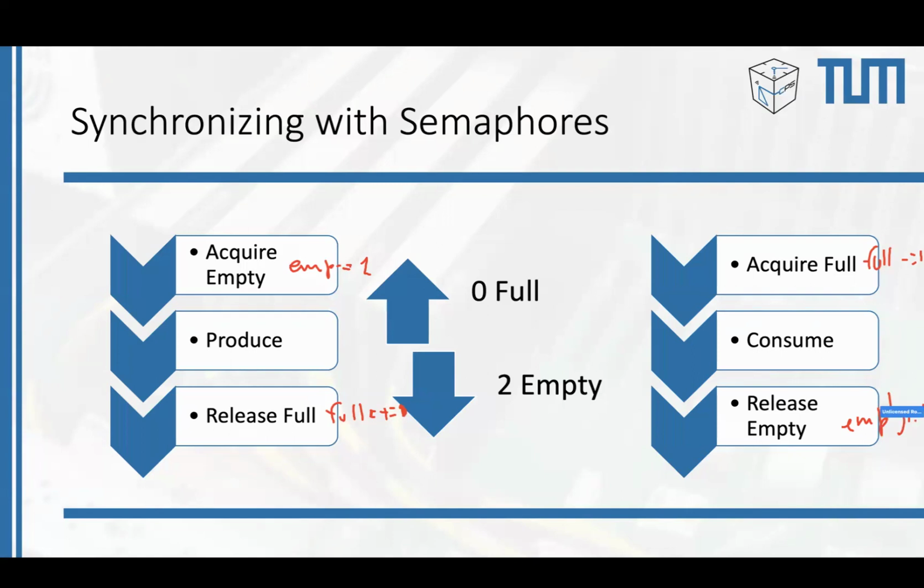And so on the other side, let's say the producer is very fast, it will write 2 buffers, right? But then the empty will be 0. So it will not be able to acquire anything until the consumer is finished with the first one and releases another empty buffer. Then the producer will acquire 1, so we'll go back to 0 and we'll start filling again. Now, whoever is faster will actually manage to deplete its part of the semaphores earlier.